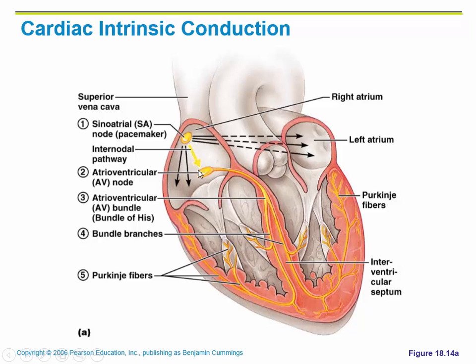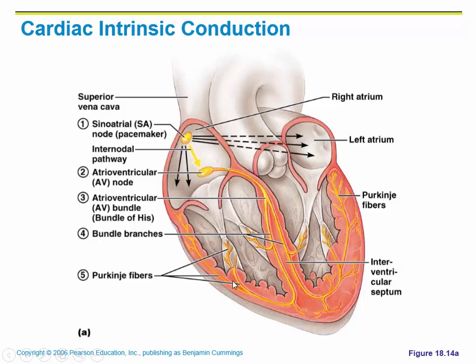Now then the impulse is sent to the AV node. And so the AV node is going to be that bridge between the atria and the ventricle. Then it's going to send it down into the atrioventricular bundle. And so now I'm actually in this septum between the right and the left side of the heart. So once it gets into the bundle, this is also called the bundle of His, it's going to then separate into right and left bundle branches because we have a right and a left side to our heart.